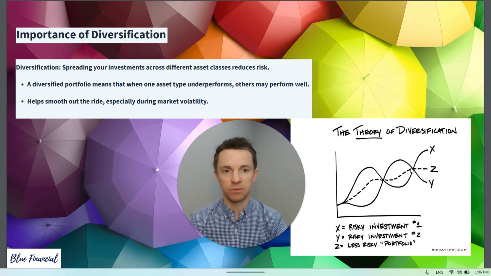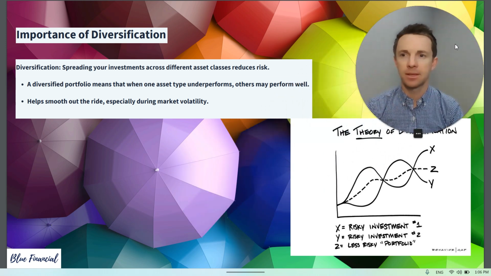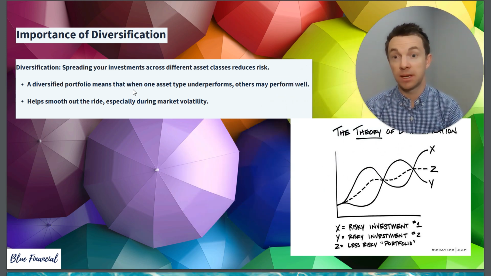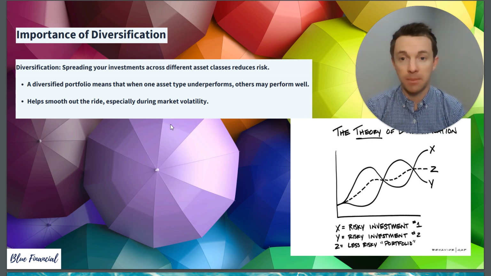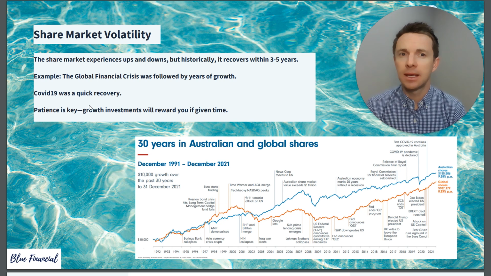But averaging the two of them together, you get a much smoother line, being Z. So a diversified portfolio means when one asset underperforms, others perform well. It helps smooth out the ride, especially during market volatility.